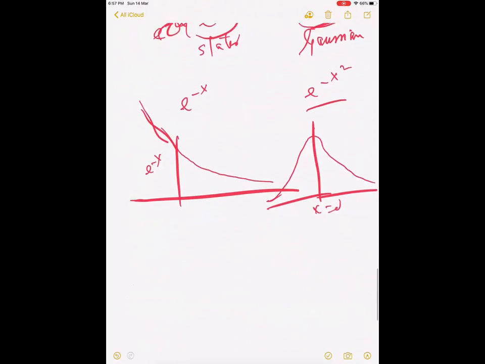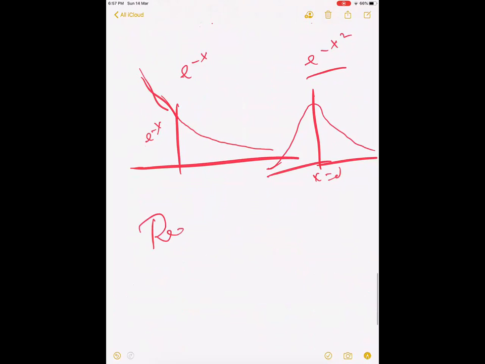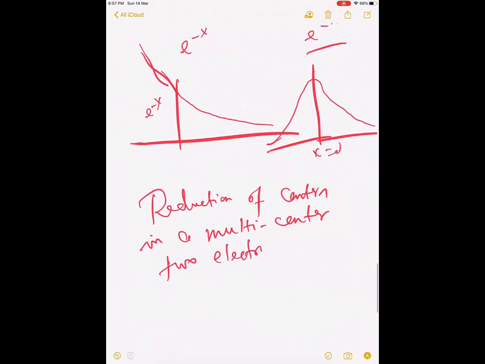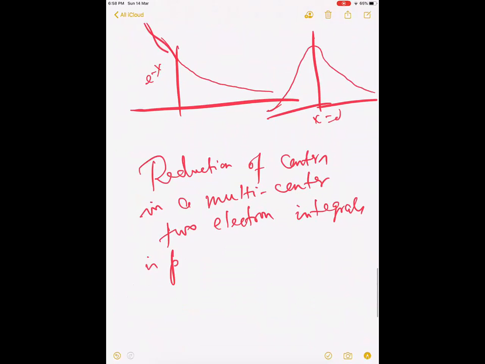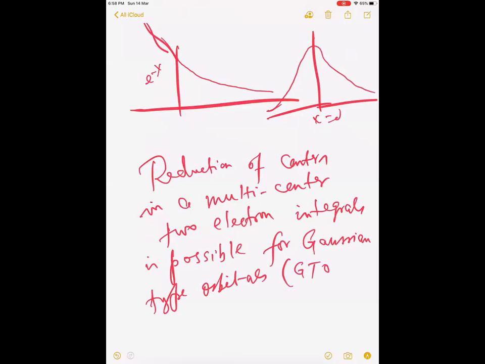And hence, reduction of centers in multi-center 2-electron integrals is possible if I use Gaussian orbitals. By the same definition, I can call it GTO. That is STO, this is GTO.